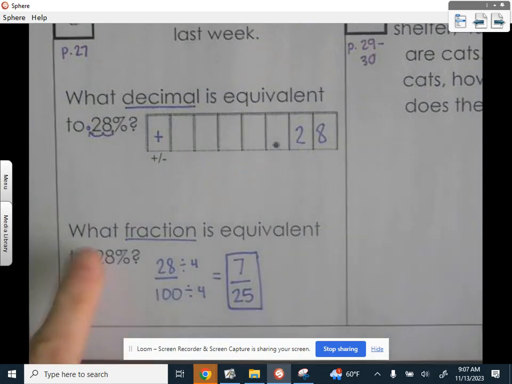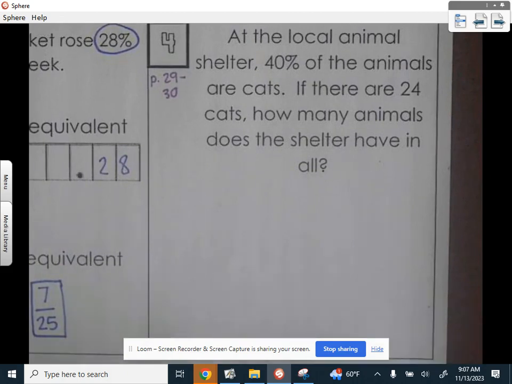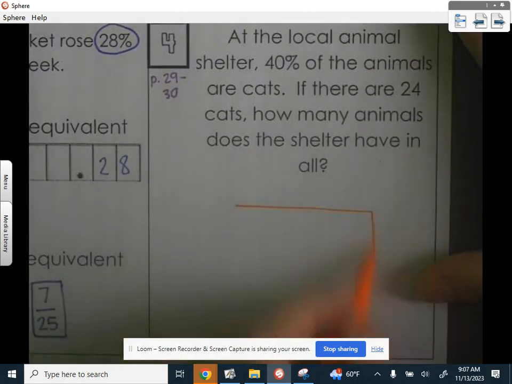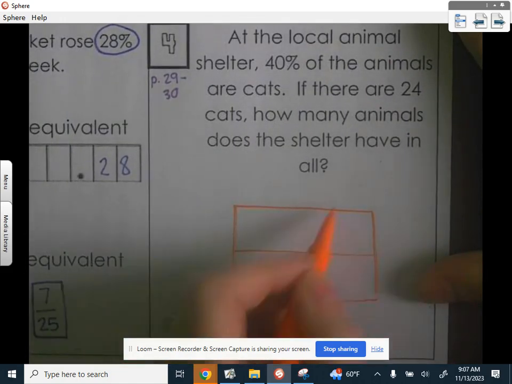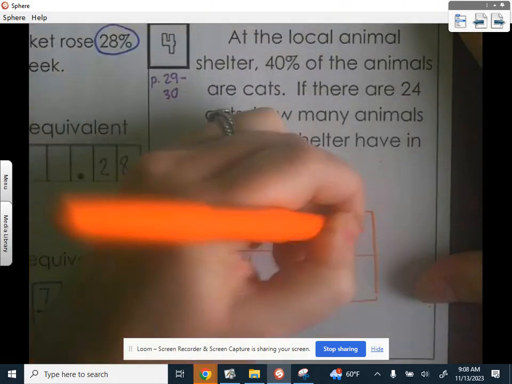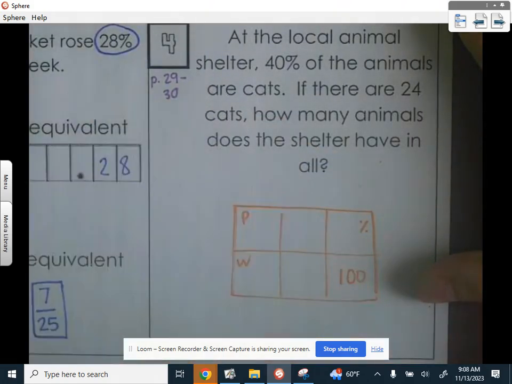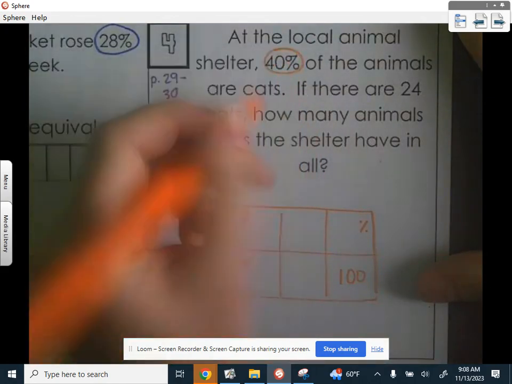Okay, next problem, another percent word problem. So if we see these percent word problems, we automatically know we're going to need a percent box. And if you want to study these a little bit more, they are found on page 29 and page 30 of your notebook. But part, whole, percent, 100. At the local animal shelter, 40% of the animals are cats.